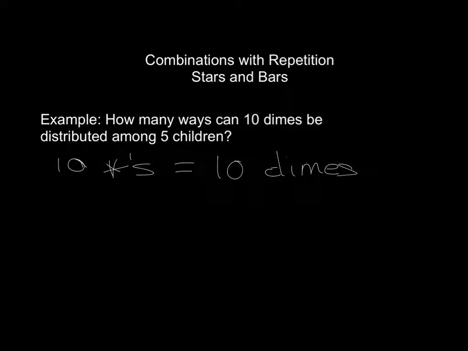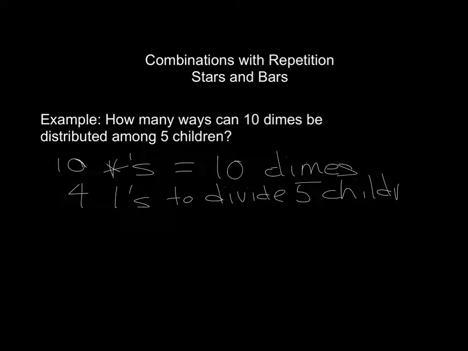And then we're going to divide them among 5 children. In other words, we're going to categorize each dime as belonging to child 1, child 2, child 3, child 4, or child 5. So we're going to need 4 bars to divide the 5 children, the 5 categories.